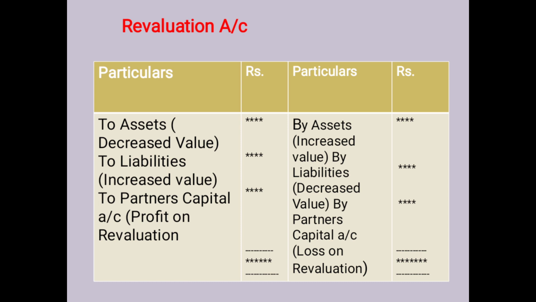Any loss on revaluation account is divided among the old partners and shown on the credit side. Similarly, a revaluation profit is divided among the old partners in their profit sharing ratio, and the amount is shown on the debit side.